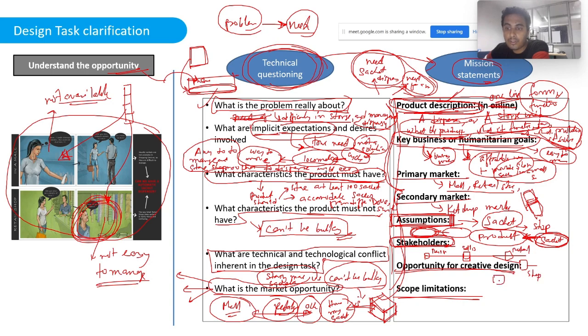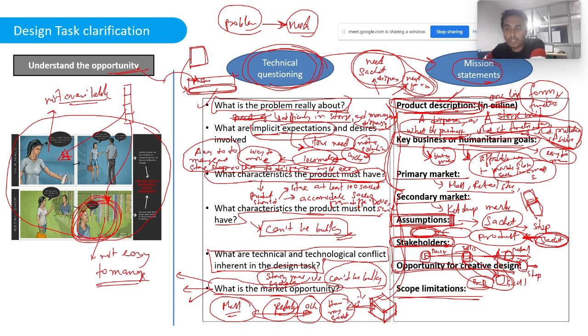There's a company which is supplying these sachets. Tomorrow that company can buy out your device, or they can be in direct contact with your company, and you can have a B2B business, business to business. So these all are stakeholders in your design. You need to consider all their benefits and all the issues they may face during the design process.